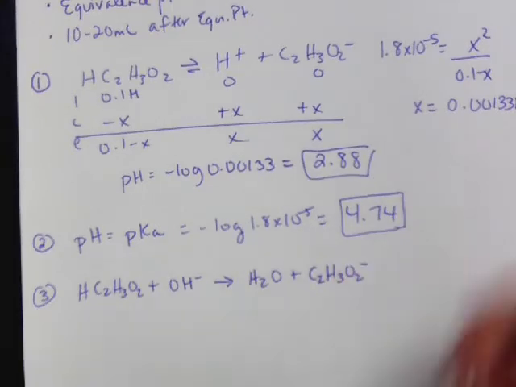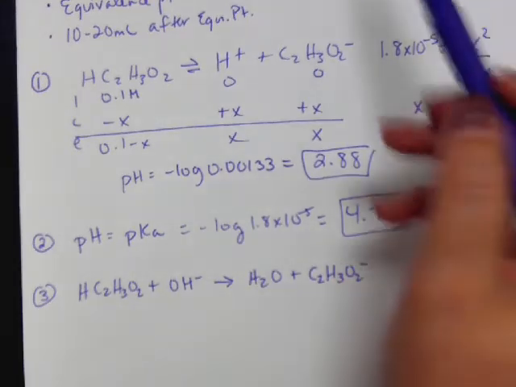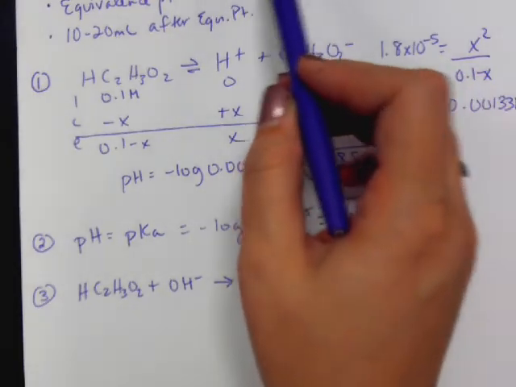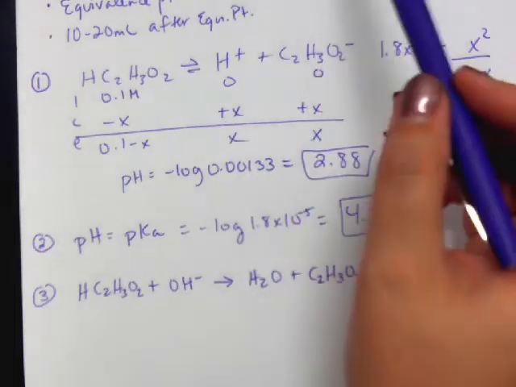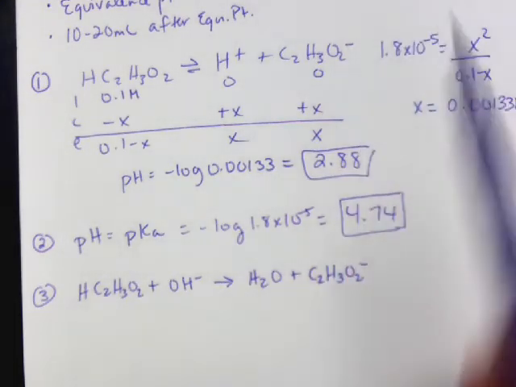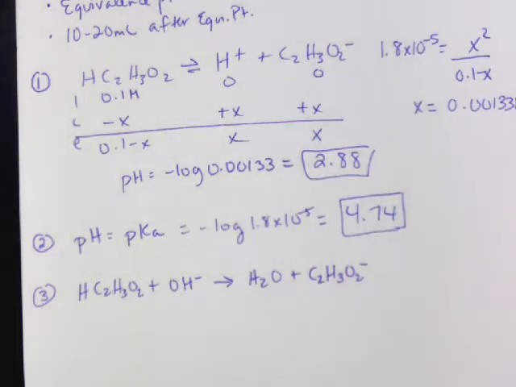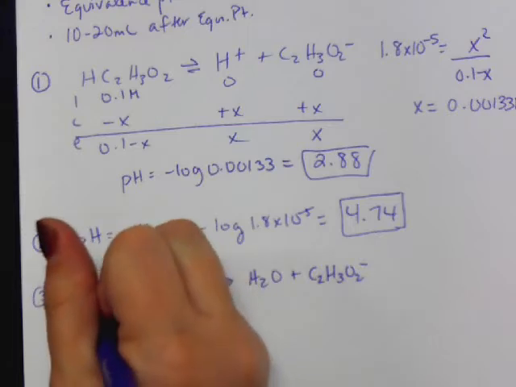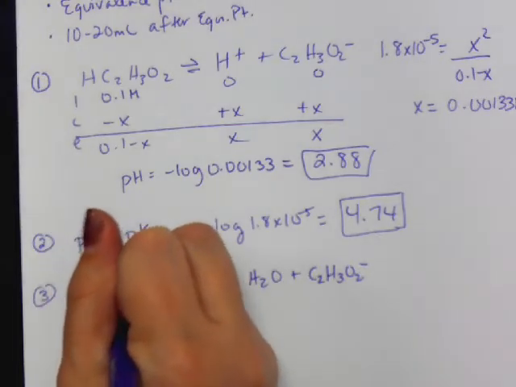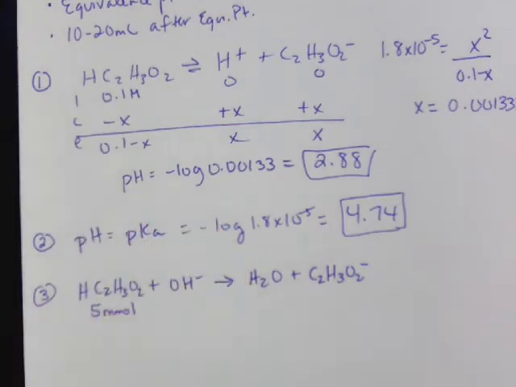And in this instance, we have 50 milliliters of a 0.1 molar solution. If we want to find our moles, we're going to use what's known as millimoles, just because it makes the math easier. So milliliters times molarity gives you millimoles. So we have 5 millimoles of our acetic acid.